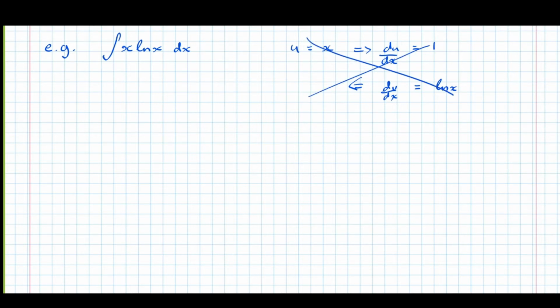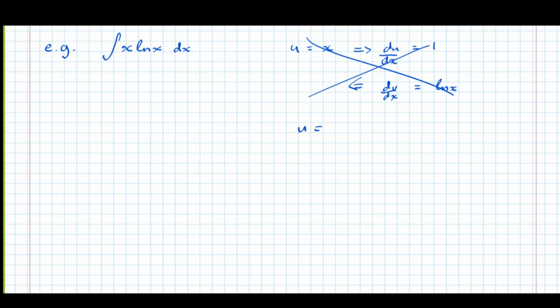But basically what I've shown you is that if you're unsure which one to let equal u and which one to let equal dv by dx, don't worry, just guess, and 20 seconds later, if you are wrong, you'll know about it because you can't get past this step here.